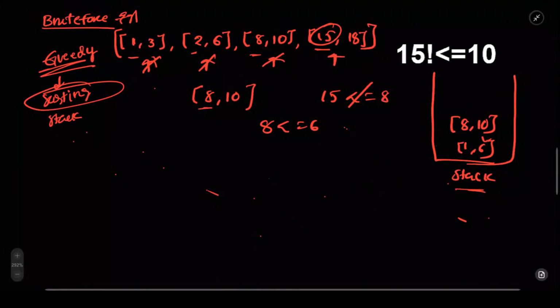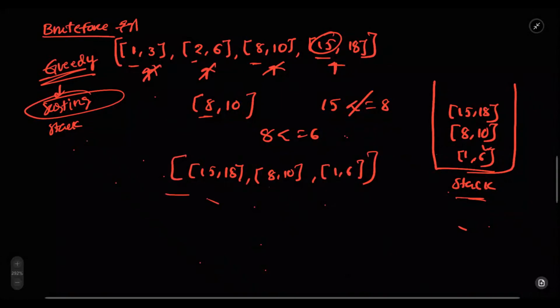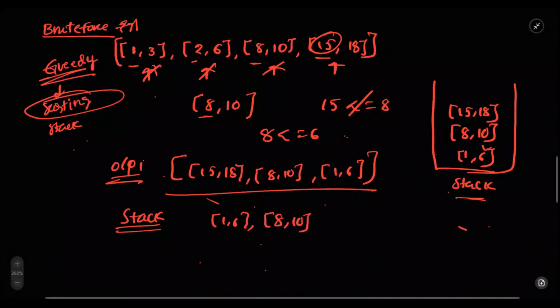Therefore we do the same thing, just push into the stack. At the end we pop everything out, like 15 comma 18, 8 comma 10, and 1 comma 6, and this will be our output. Or we can simply return the stack itself, which is 1 comma 6, 8 comma 10, and 15 comma 18.